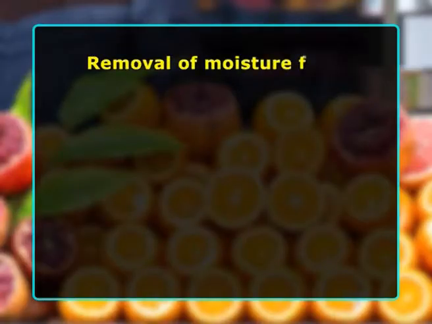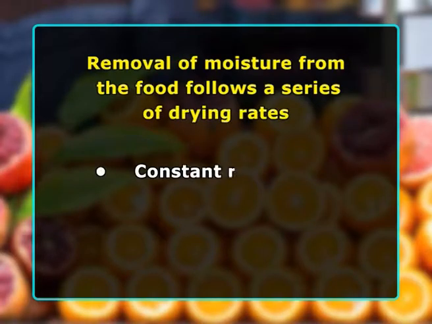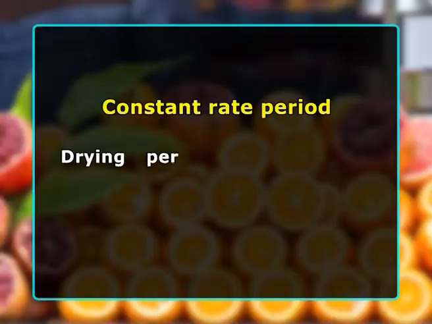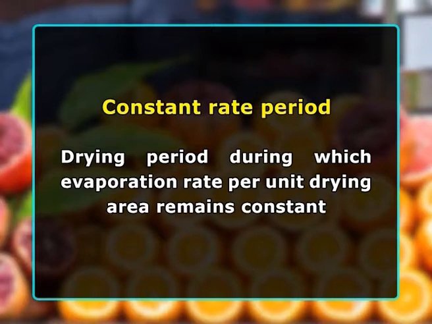The removal of moisture from the food follows a series of drying rates, that is, the constant rate period and the falling rate period. Under constant drying conditions, the drying period during which the evaporation rate per unit drying area remains constant is called the constant rate period.